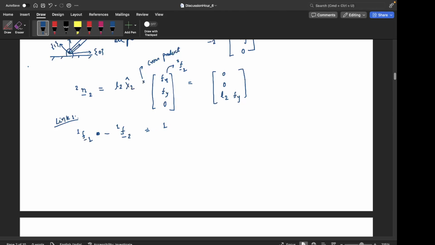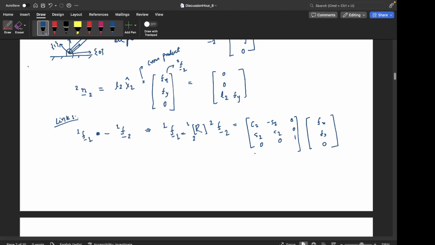So this is equal to R, the rotation matrix from 2 to 1, times F2.